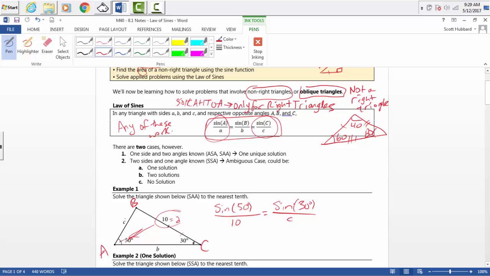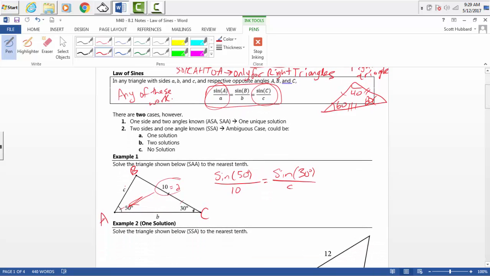Now what's cool about that is that it allows us to solve for this unknown side. You just cross multiply, and you get c times sine 50 is equal to 10 times sine 30.